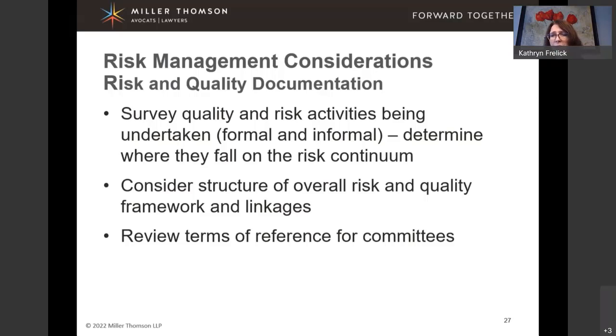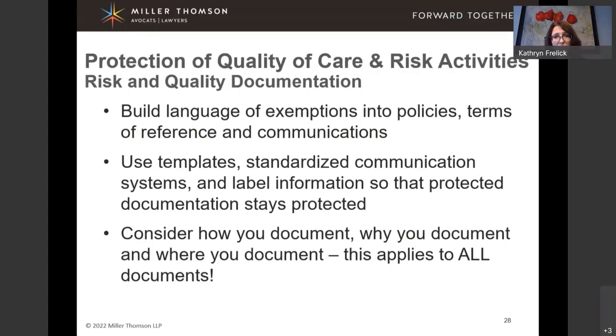Ensure that there's language there around confidentiality, whether minutes are going to be taken, whether they are going to be restricted to one central source of truth, and include that kind of language in the terms of reference, if that's the intention. Build language of the exemptions into your policies and terms of reference, as well as your communications.